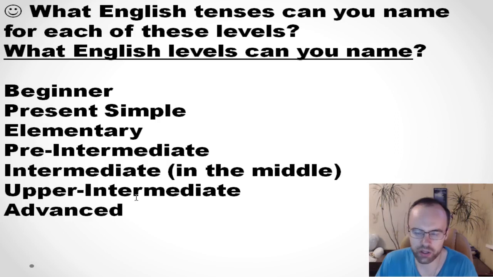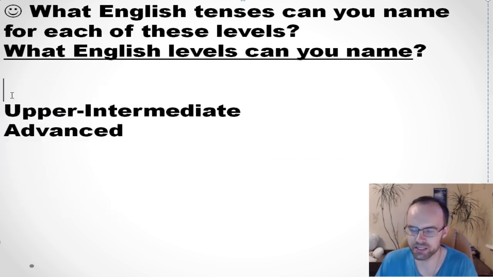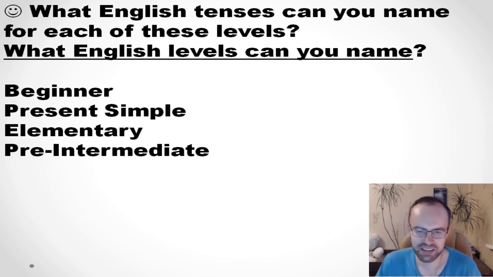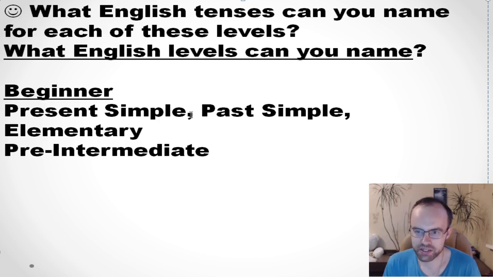And then we'll have a look at upper intermediate and advanced level. So if you let me do it, okay? Very good. So beginner, right. Present simple. What else? Past simple. And future simple.